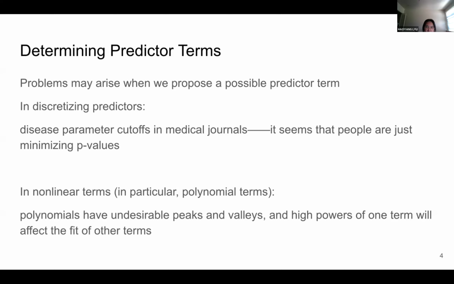But it actually turned out that these cutoff points don't have any medical meaning. So when discretizing predictors, not only p-values, but also different circumstances based on the data set should be taken care of. And also, for example, in nonlinear terms, in particular the polynomial terms we saw on the previous slide, they can have undesirable peaks and valleys because we know polynomials oscillate a lot. And also high powers of one term can affect the fit of other terms.